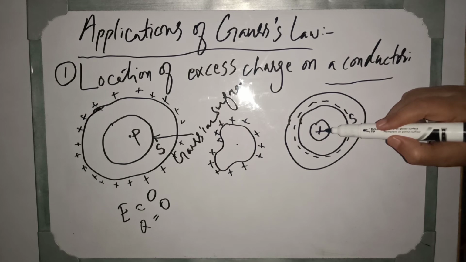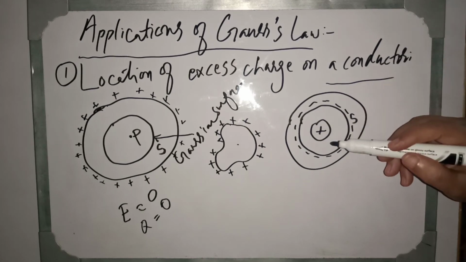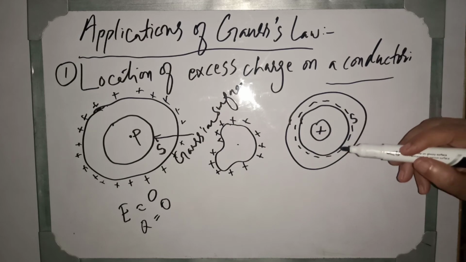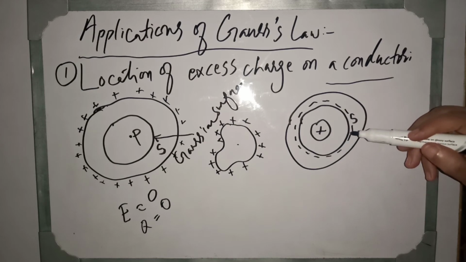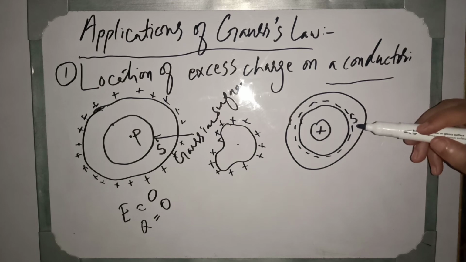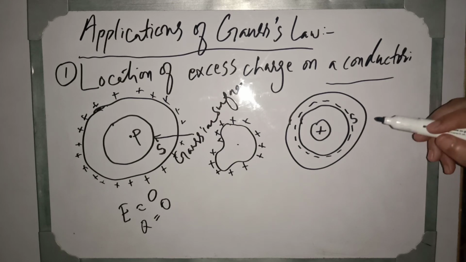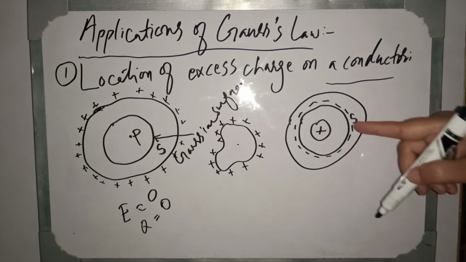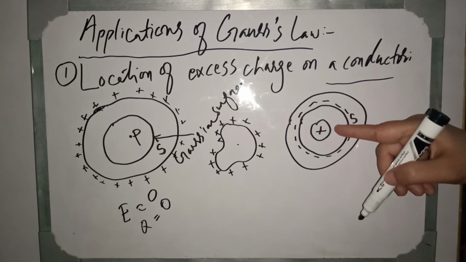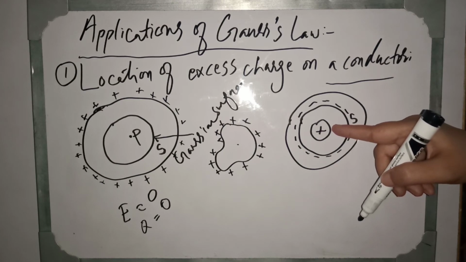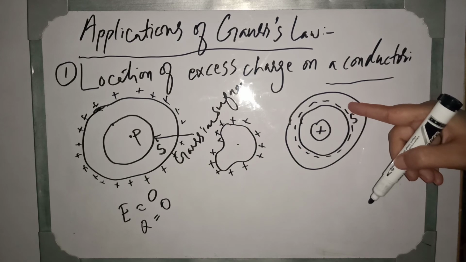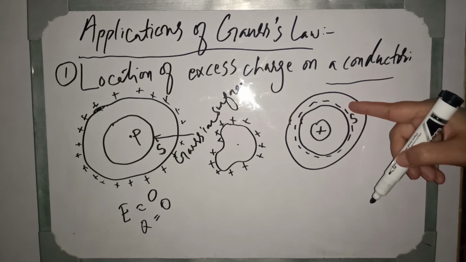We can use Gauss's law over here. By using Gauss's law, the net charge is equal to 0 because there was no charge transfer between the charge and the conductor. Initially the conductor was uncharged, but when the charge Q was placed inside the conductor, the negative charges remain on this surface to maintain its neutral status.